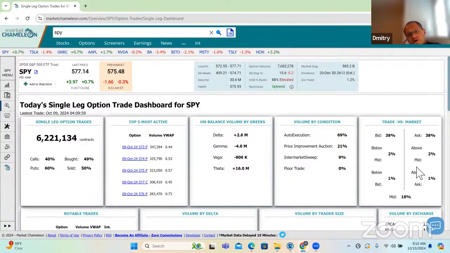So another thing we could look at is if there were any trades that occurred below the bid or above the ask, because that would indicate an intermarket sweep order. Right? An intermarket sweep order can bypass the MBBO.